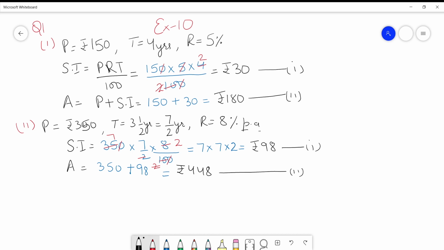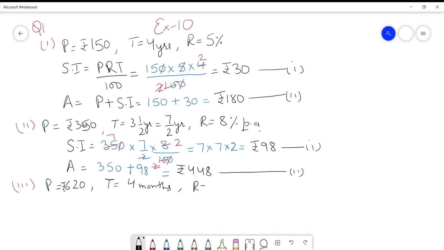Coming to the third question. In the third question, the principal given to us is 620 rupees. Time is given as 4 months. Now the year is not given to us, this is in months.